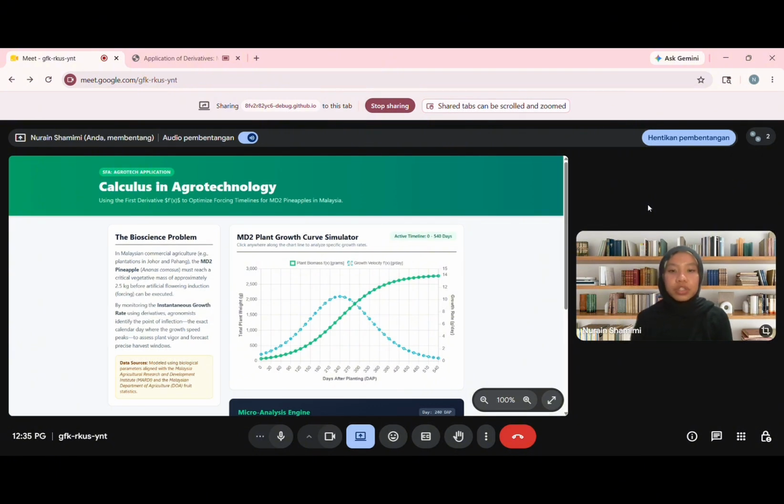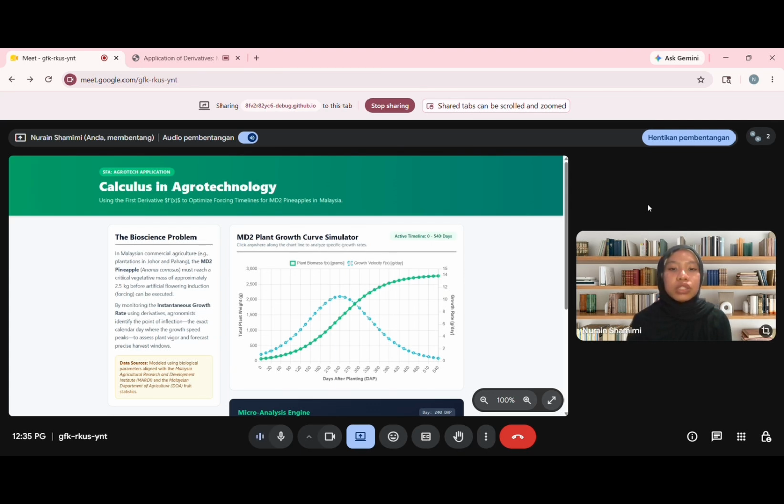For this project, I combine Bioscience, agriculture and calculus to study pineapple growth patterns using a mathematical model and derivative. The Bioscience problem chosen is to determine the best growth stage for the MD2 pineapple plant before flowering induction, also known as forcing. In Malaysia, MD2 pineapple is an important commercial crop.